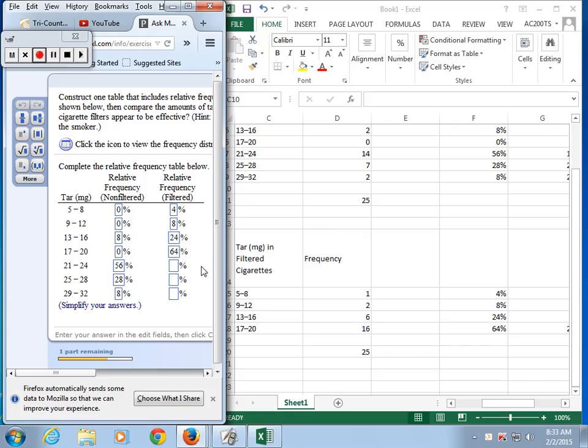And 0, 0, 0. Did I not put the right one? 17 to 20 is, yeah, 64. Alright, now we got the values in.